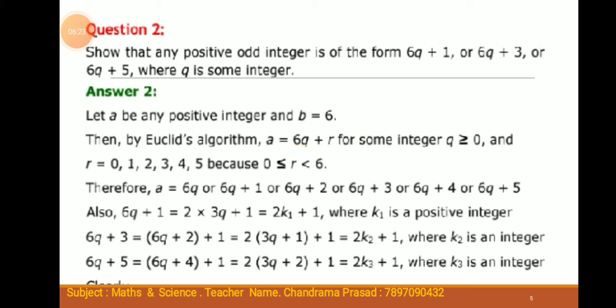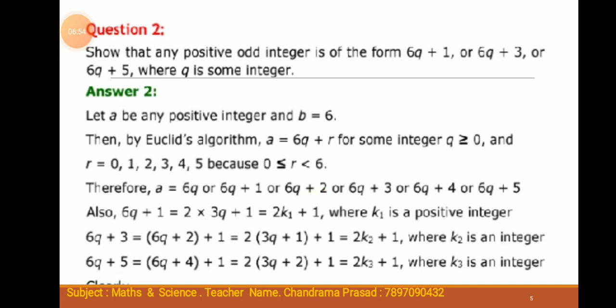Then by Euclid algorithm, a = 6q + r for some integer q greater than or equal to 0, and r = 0, 1, 2, 3, 4, 5, because r is greater than or equal to 0 but less than 6.